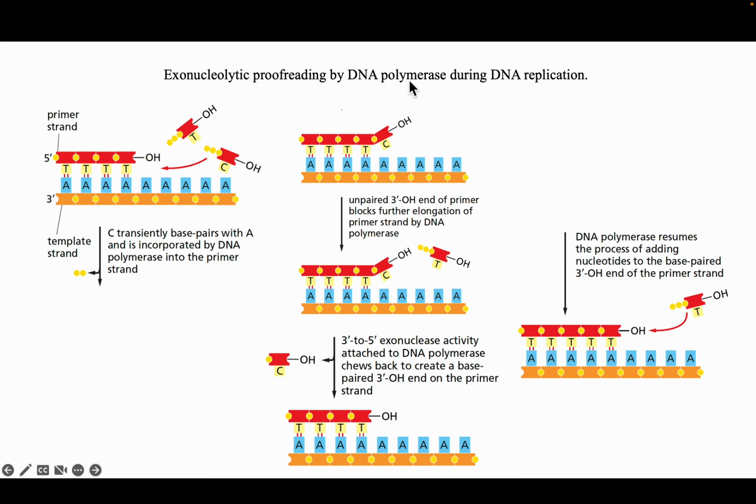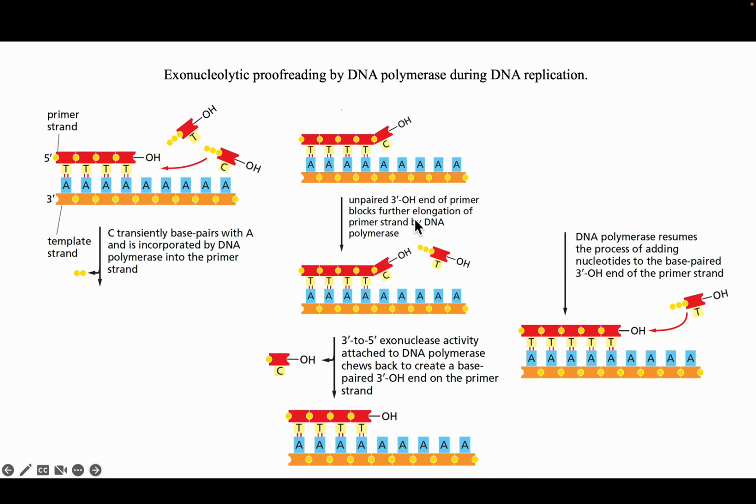Exonucleolytic proofreading by DNA polymerase during DNA replication. This is the primer strand and the template strand. We need T against A, but if C transiently base pairs with A and is incorporated by DNA polymerase into the primer strand, this leaves an unpaired 3' end, so the 3' OH will be unpaired.